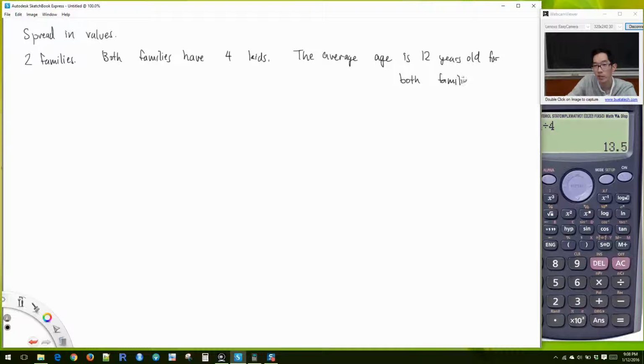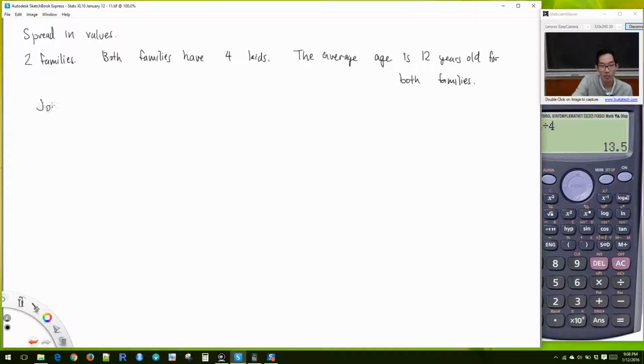And you might think, oh, then these 2 families are similar. But I'm going to write down the ages of those kids, and I hope you'll realize these families are actually quite different, because I've left out a critical piece in the story, and that is the spread in ages.